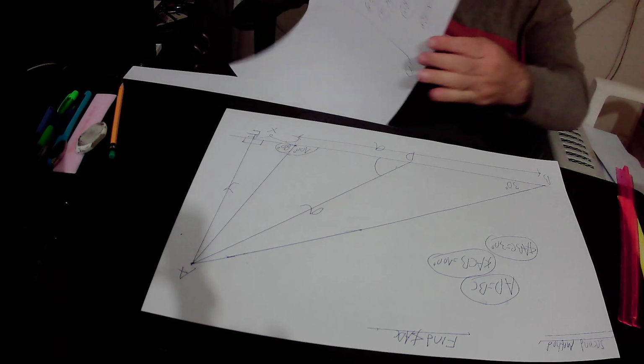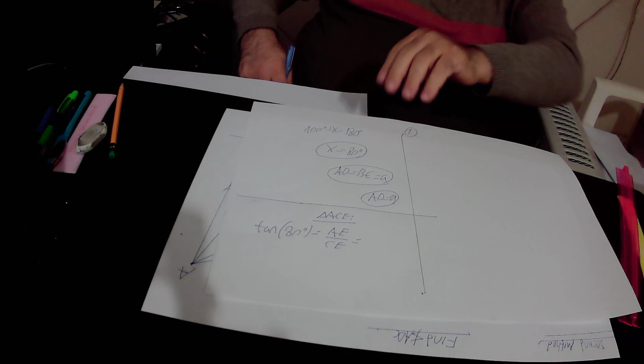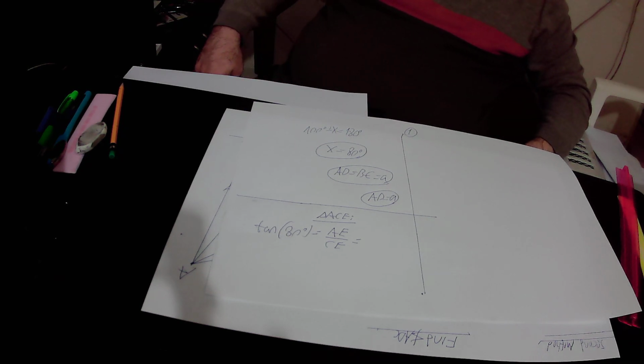I will repeat again: in the right triangle ACE, tangent 80 degrees will be equal to AE over CE.